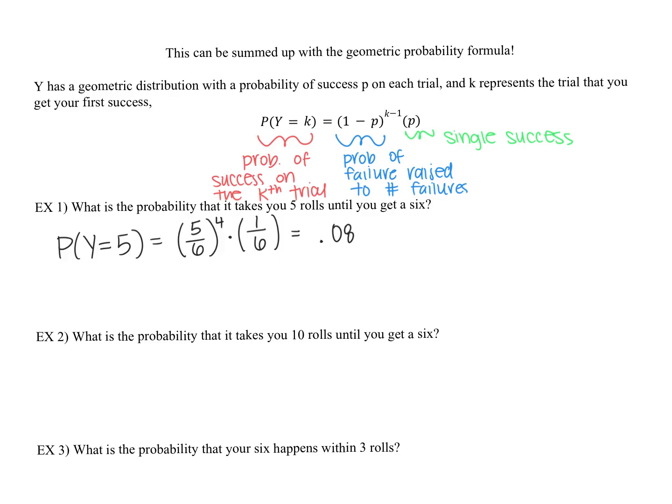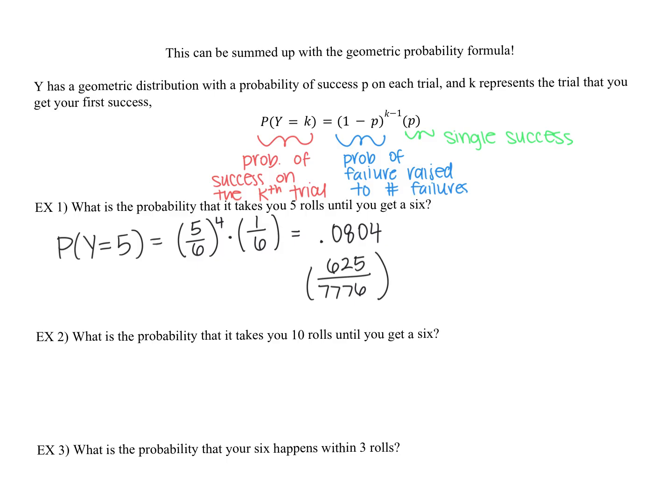So it's going to be 0.0804. If you wanted to write it as a fraction, you could, but it's 625 over 7776. So I don't typically write these as fractions just because the denominators get really, really large. I will typically always just write them as decimals.